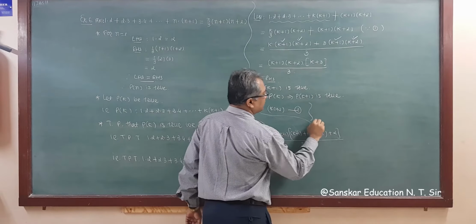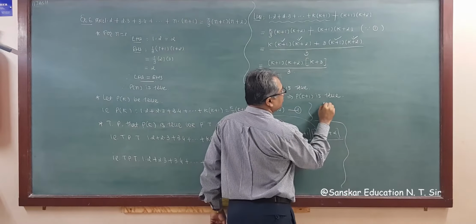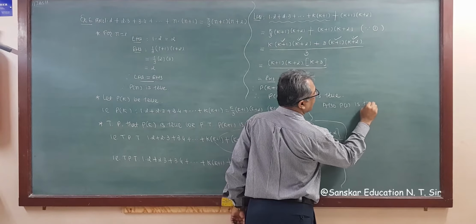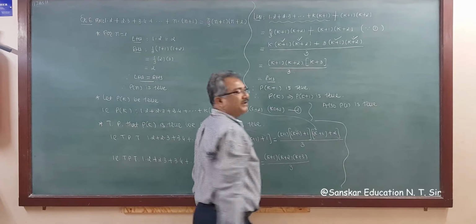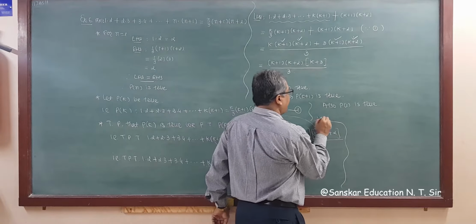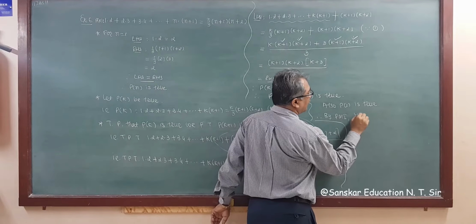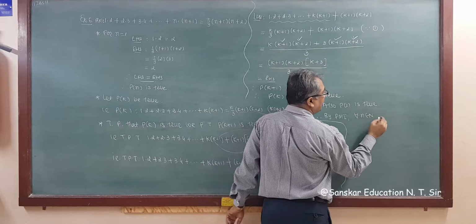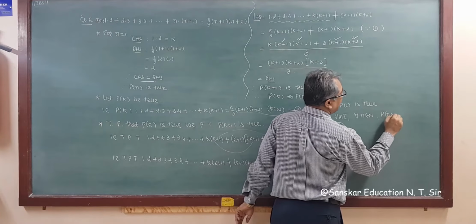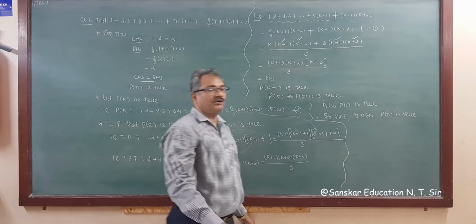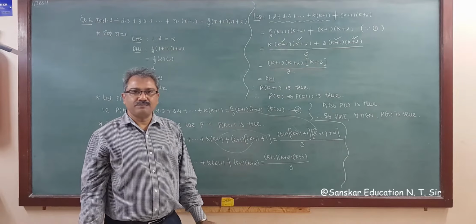No space here, so I am writing here. Also P1 is true. Therefore, by PMI, for all n belongs to N, Pn is true. Right?